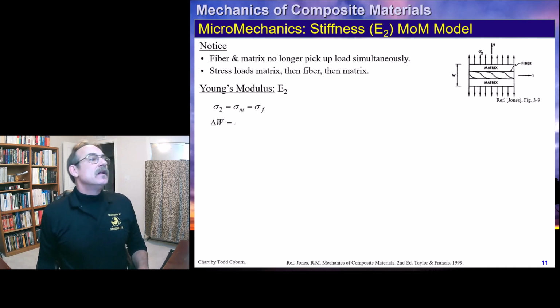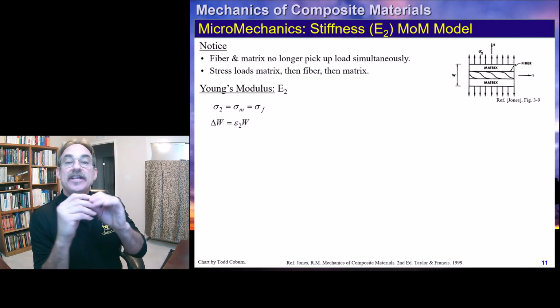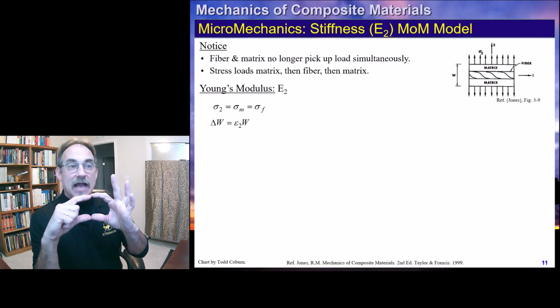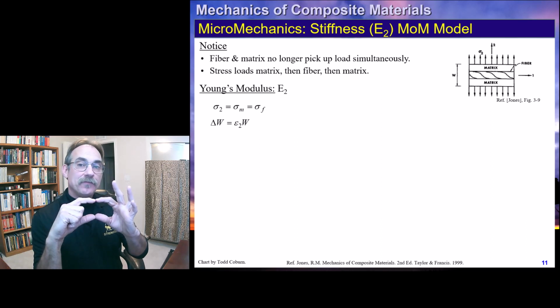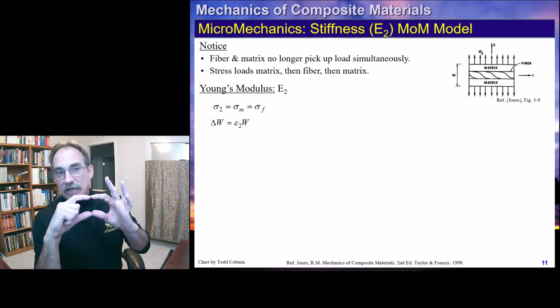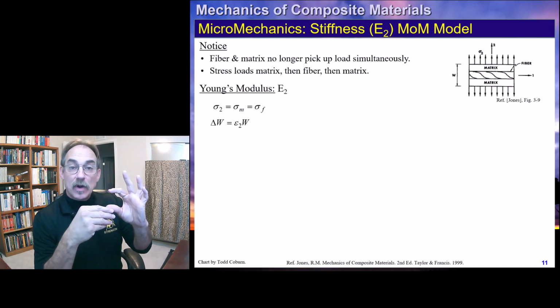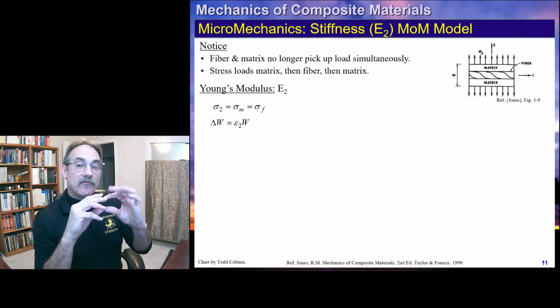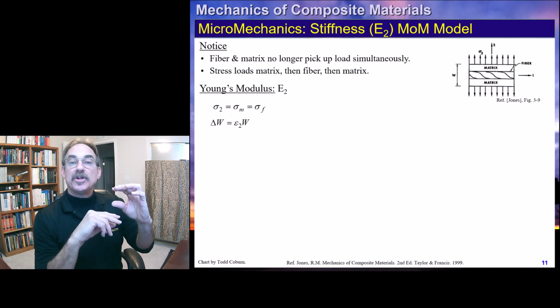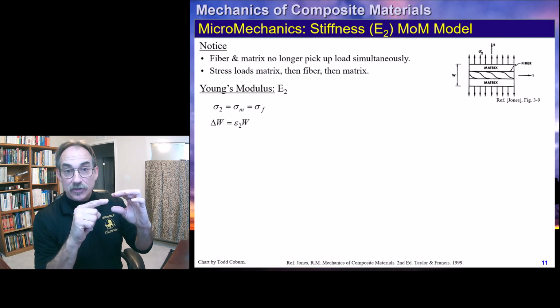Okay, we can write, now this is delta W is the change in width. Don't confuse that with the weight, right? Change in width, that's the deflection. And we know the deflection divided by the original length is just the strain. So the change in width divided by the original width is the strain in the 2 direction.